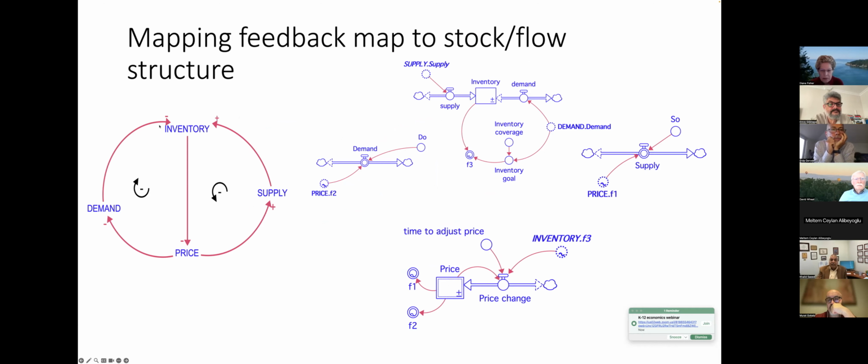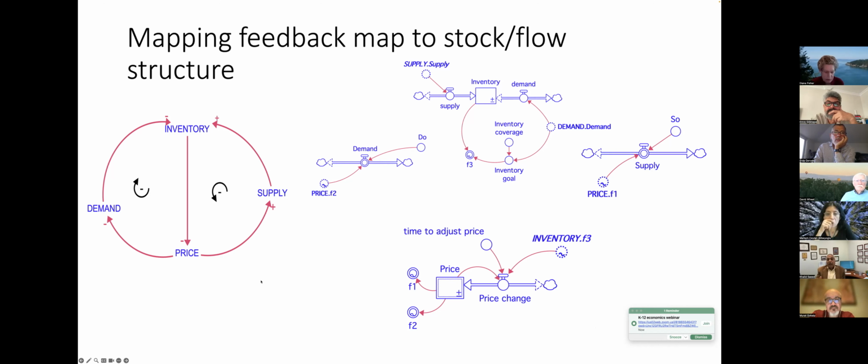Now, coming back to this simple market clearing model that I constructed with the help of 7-year-old tykes in my experience with them. If we took inventory, and this is the stock and flow structure of the inventory, this is the inventory sector, so to speak, the demand and the supply and the price, and place them in the modules, the module map will return the explanatory process, which is the feedback process.